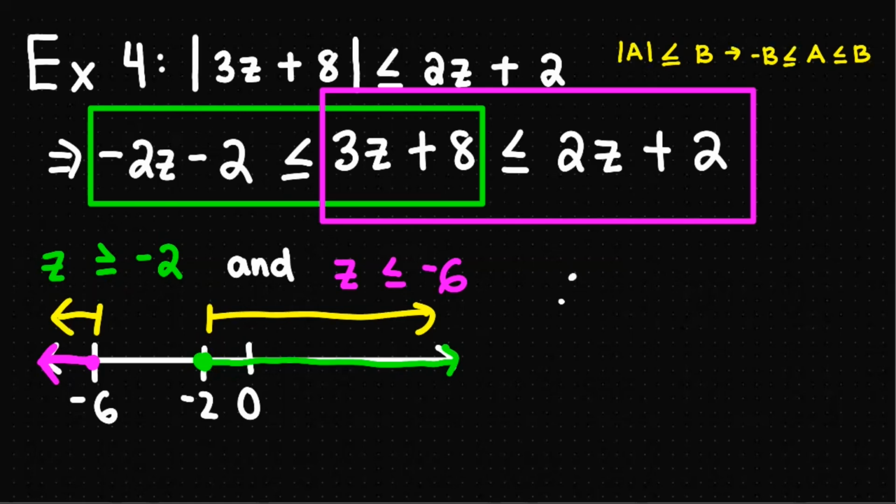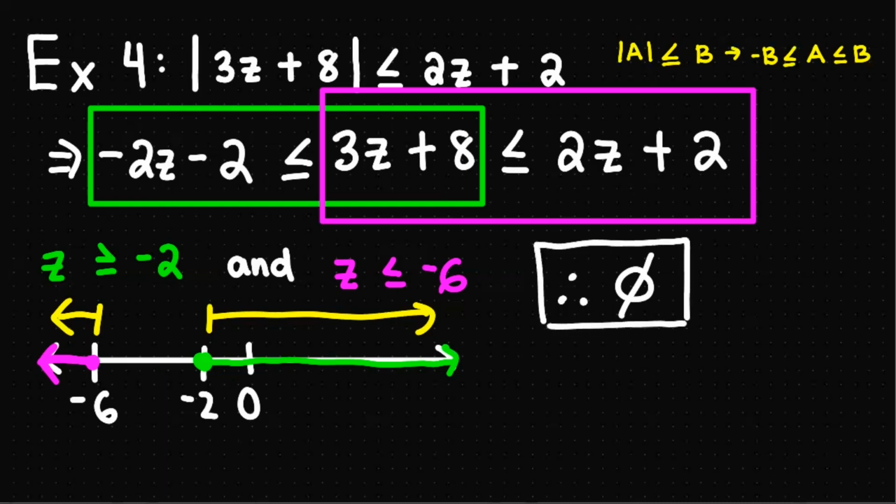Therefore, the answer for this one is an empty set, or z is in the empty set, since there are no values of z that satisfy this inequality. And you could actually verify that yourself by trying to plug in some values out here.